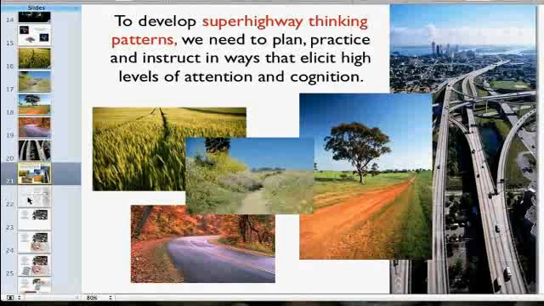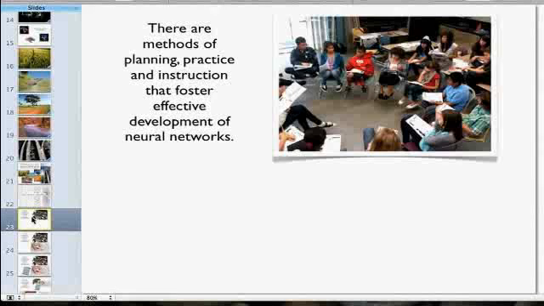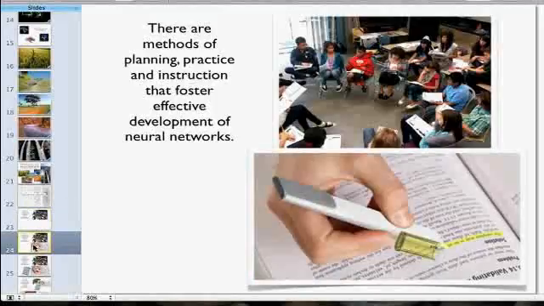So in these different ways that I'm going to share, we help kids develop rich neural networks. So these different methods foster the development of these neural networks, and the methods that I'm sharing with you right now we'll talk about in just a minute.